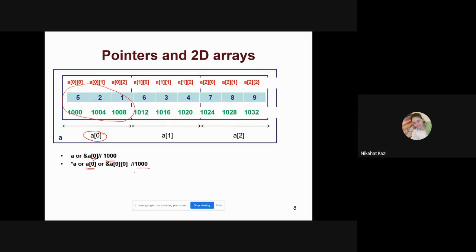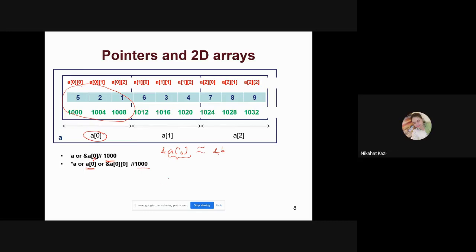Yeah. Address of A of 0 is going to give me the address of whatever is given on the right hand side. But this A of 0 that I've written is the name of an array. Yes or no? That means it's similar to the expression that we saw earlier, address of B, where B is an array.